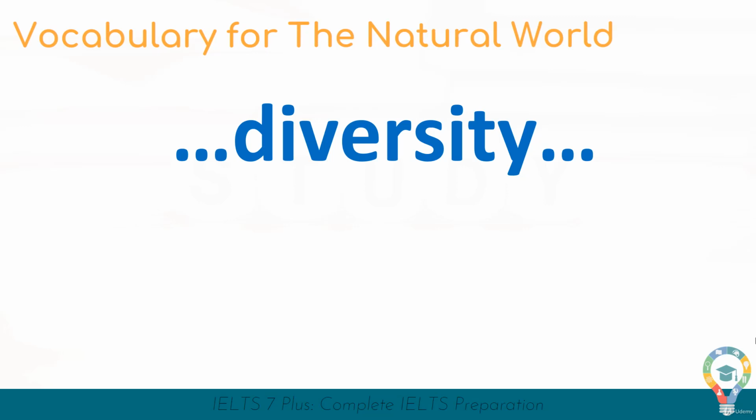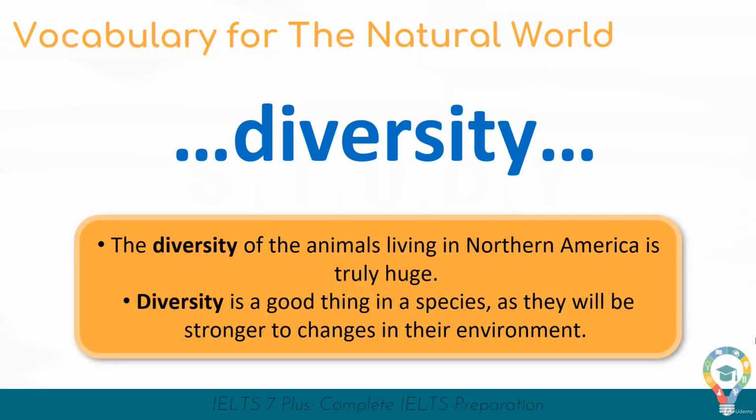For example, in humans, there is lots of diversity, all the way from hair colour to language to skin colour and all those different kinds of things. The diversity of the animals living in North America is truly huge. Diversity is a good thing in a species, as they will be stronger to changes in their environment. Diversity.